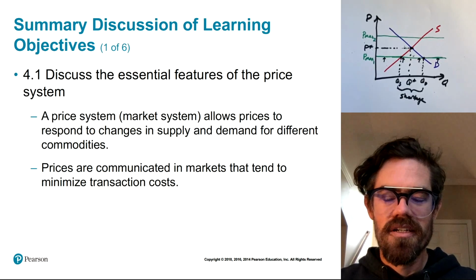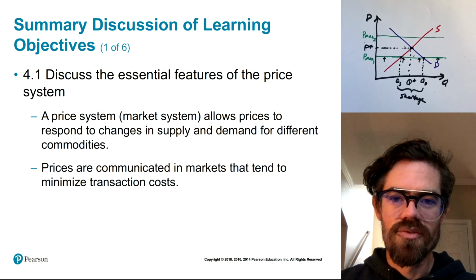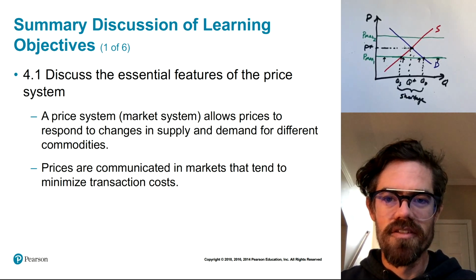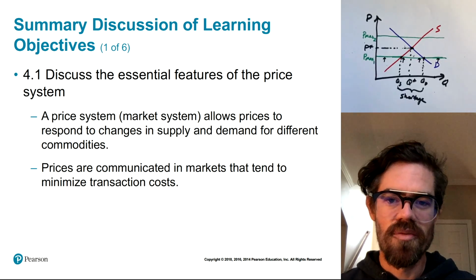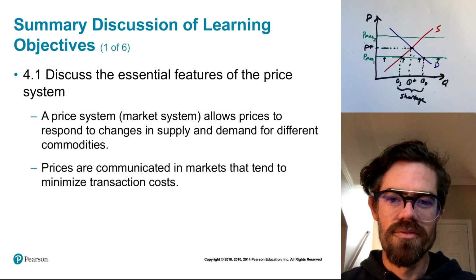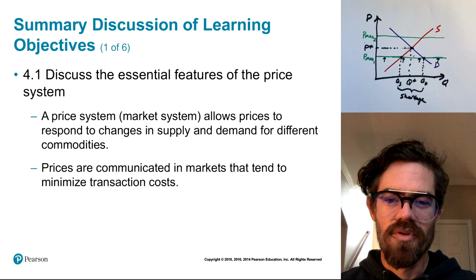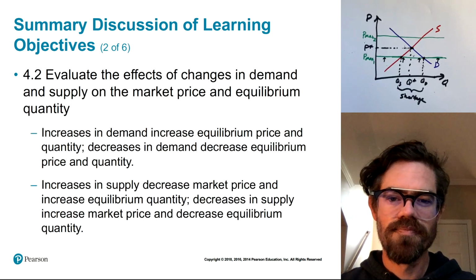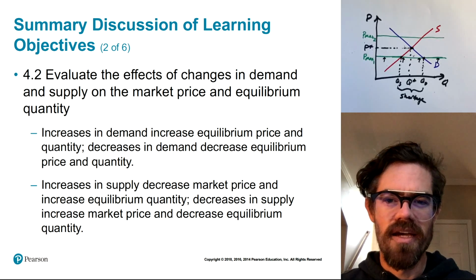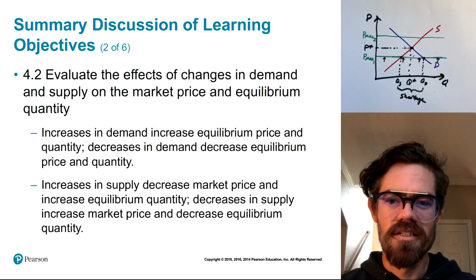Okay, so that was chapter 4. Just real quick, let's go over a summary of the learning objectives. So in section 1, we talked about the essential features of a price system or market system, where prices are allowed to respond to changes in supply and demand, and prices act as signals. They're communicated in the market, and they tend to help minimize transaction costs. In section 2, we talked about the effects of changes in demand and supply on market price and equilibrium quantity.